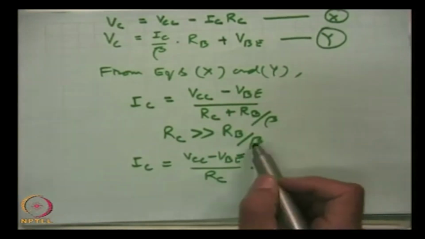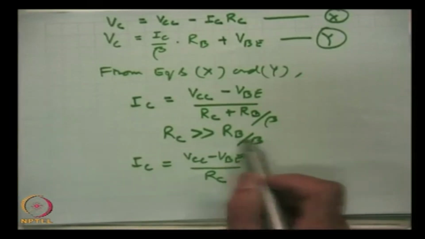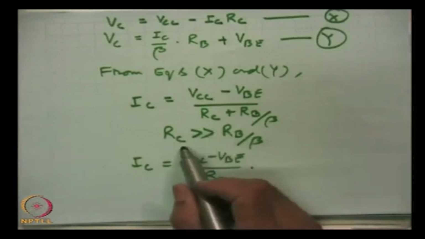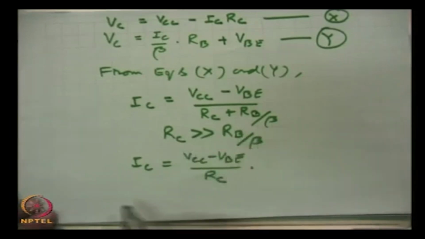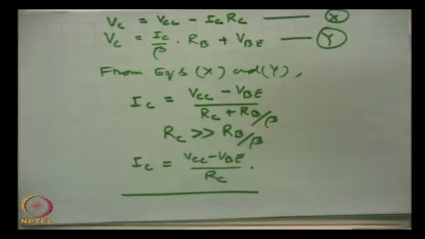And beta is very high, 100, 200 easily. So this condition is very easy to fulfill, and this way we have made the collector current totally independent of the variation of beta, and hence a stable circuit.